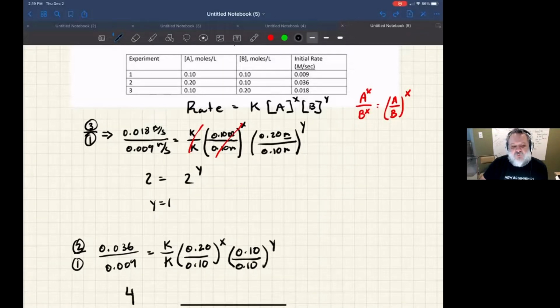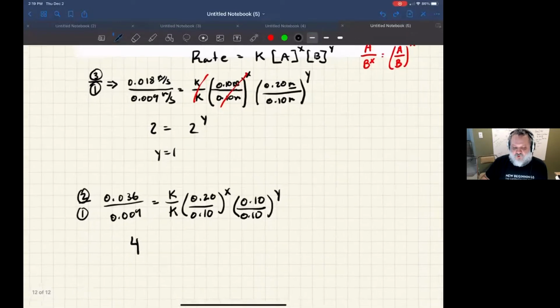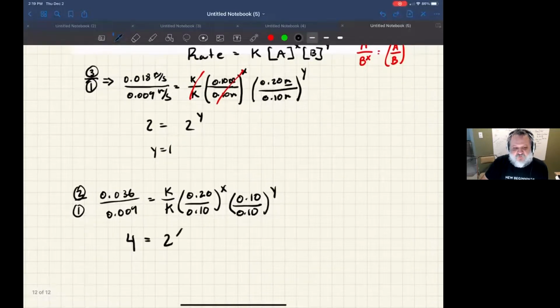Again, that 0.1 over 0.1 is going to go to 1, so that's going to cancel out. It's going to leave me with 4 equals 2 to the x, so I get x equals 2. So I found out that x is 2 and y is 1. But the last step in order to calculate the full rate law is to figure out what k is.